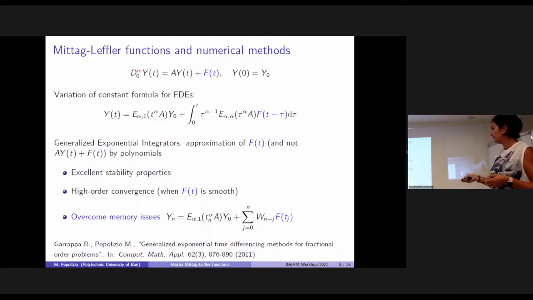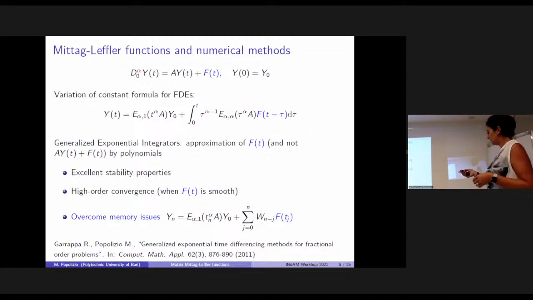But if we rewrite the numerical approximation in this form, we see that we just look at what's happening in Tn. So if we are interested in the solution at Tn, we go directly to that point. The memory is here in the Mittag-Leffler function, and so we may compute this solution, whatever Tn is, also in a very large interval.